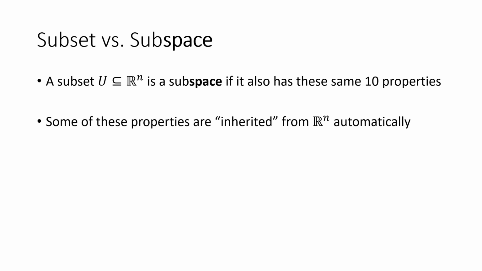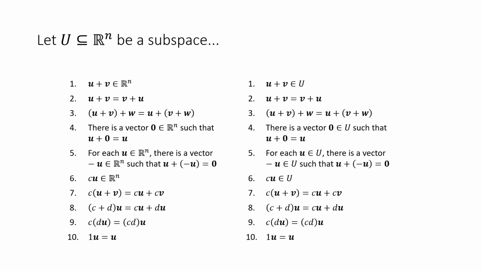But it turns out that some of those properties are what we call inherited from Rn automatically. So if we put these two things side by side, so if we say that U is a subspace of Rn, again, that means it's a subset and it has the same 10 properties. What we're going to notice is that some of these properties are just inherent to the operation that's happening in Rn. So let's talk about commutativity again.